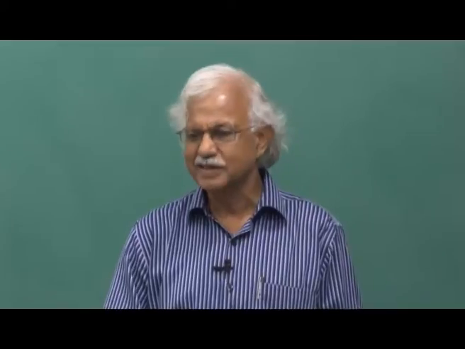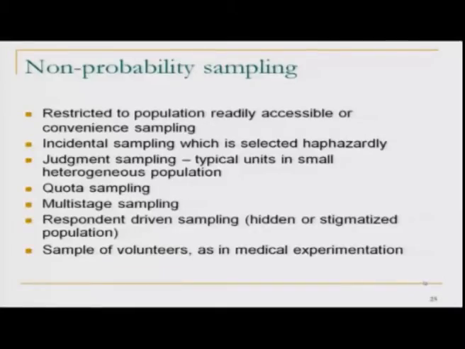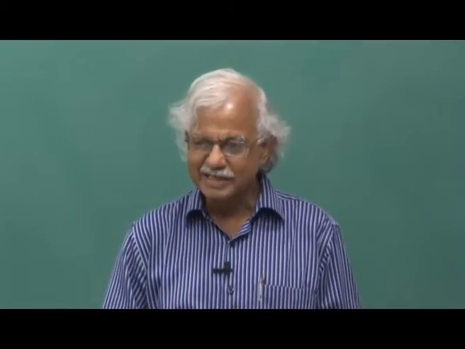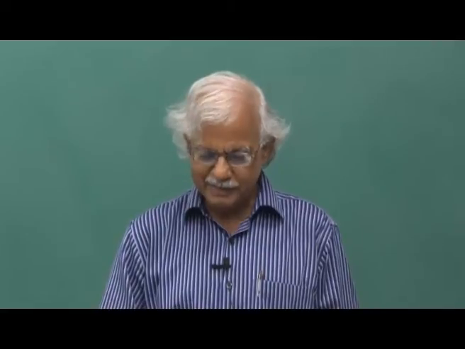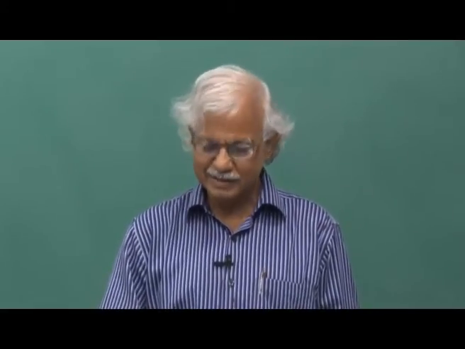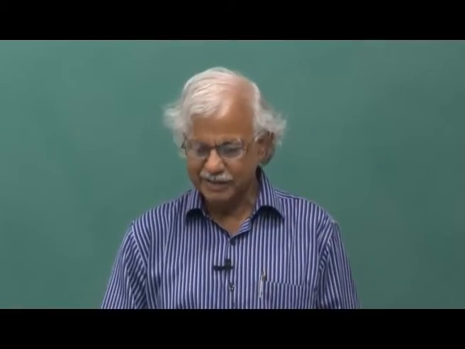In medical experimentation, in tests of drugs etc., you always depend on volunteers. It would be unethical to conduct research on an unwilling sample. If cancer patients want to be treated with old drugs, you cannot force them to take new drugs.